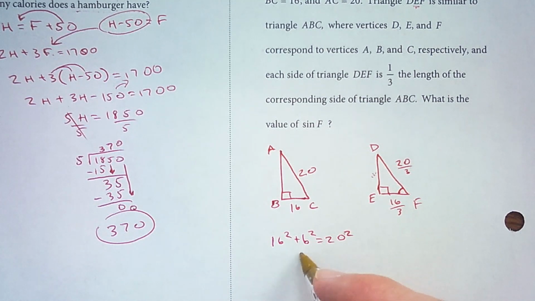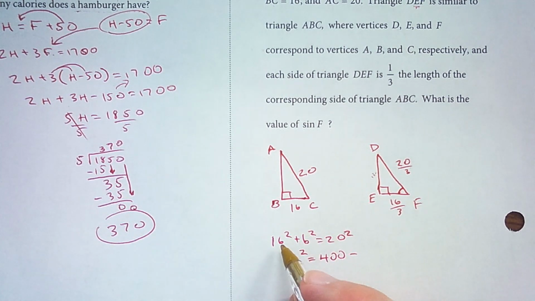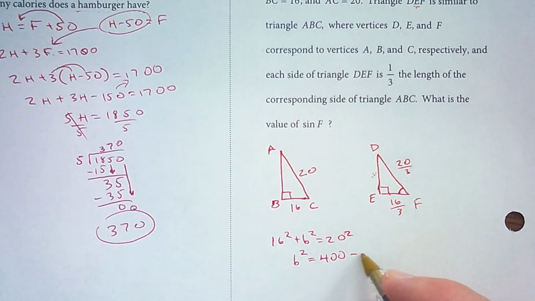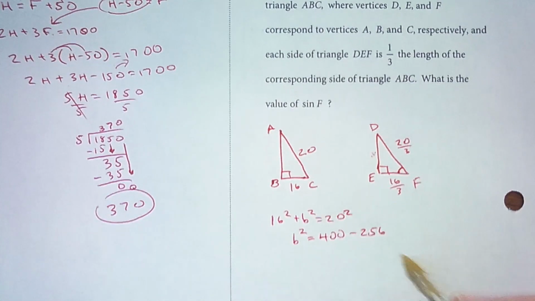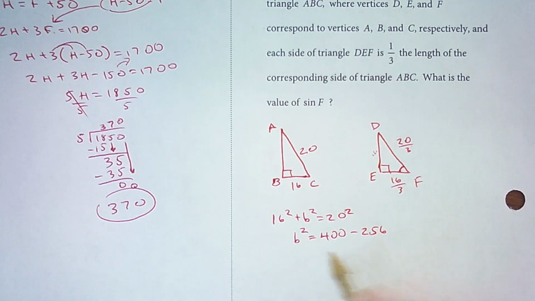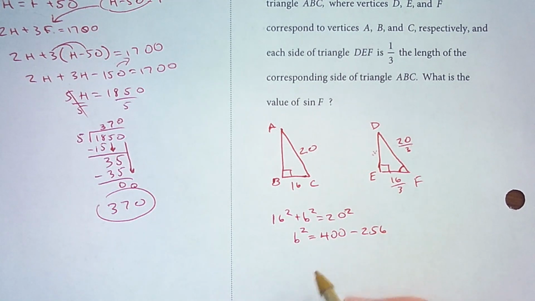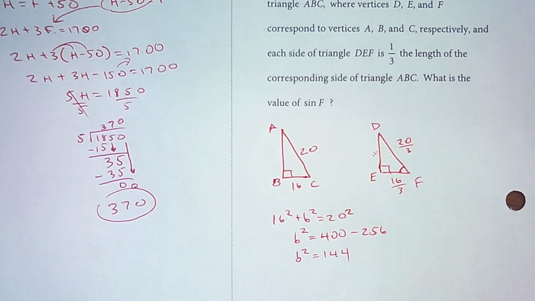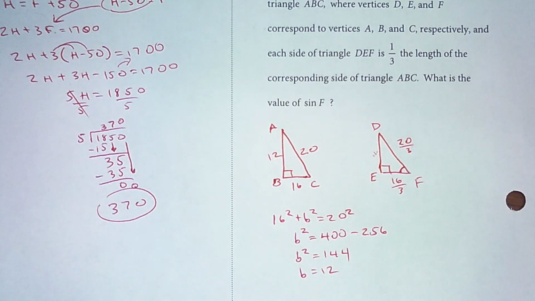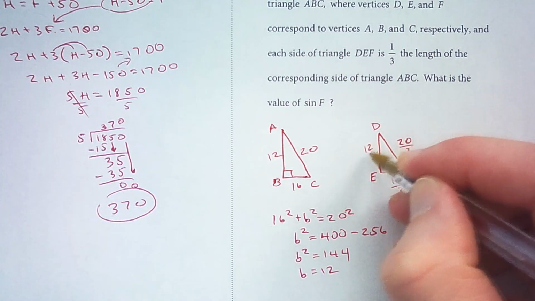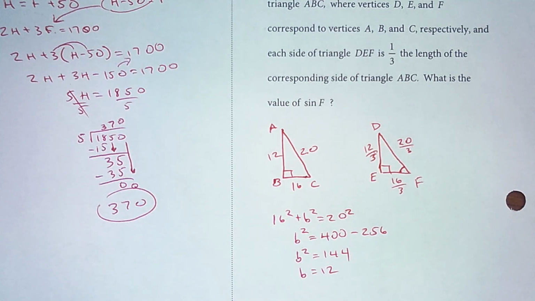So b squared equals 20 squared, that's 400, minus 16 squared, and 16 squared is 256. Now I subtract, and 400 minus 256 is 144. So b squared is 144, which means b is 12. So this length here is 12, which means this length right here is 12/3.